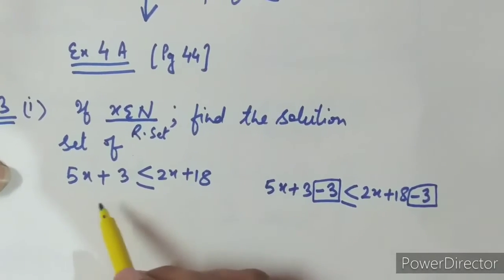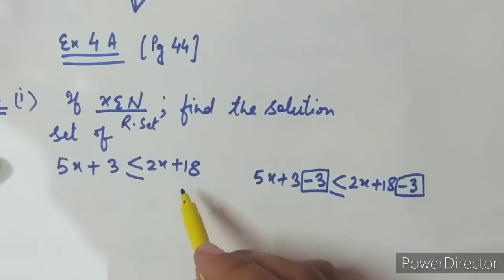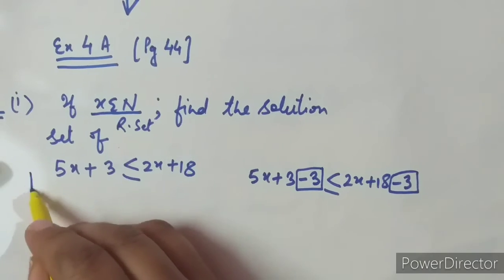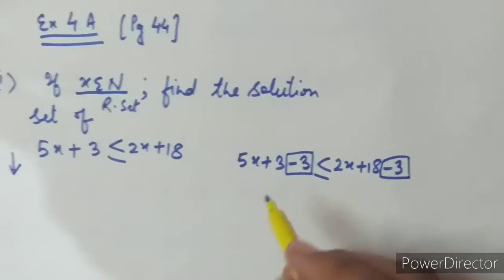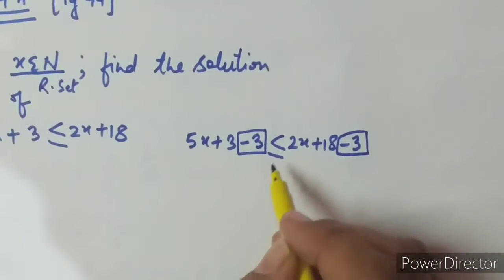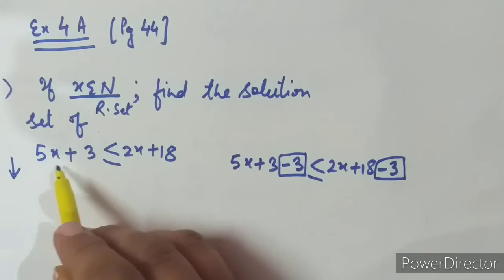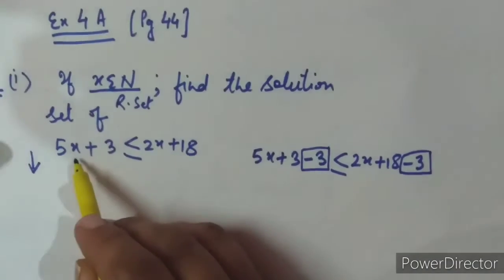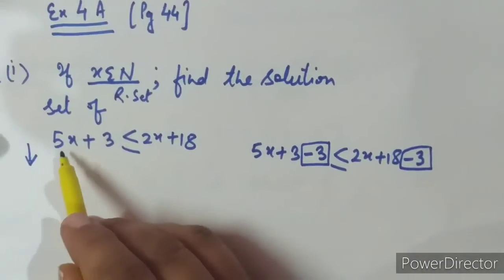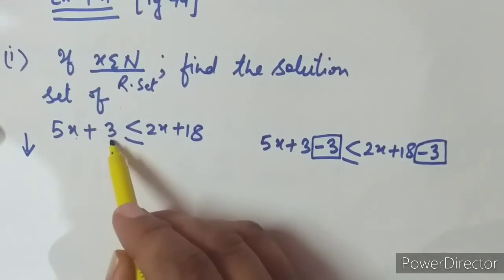Now, if we go with the traditional way of solving inequations, then this is the way. Otherwise, I will solve it a different way. In the traditional way, we have to find the solution set, which means we will find the values of the variable x. Whatever is attached to the term of x, we will try to remove it.